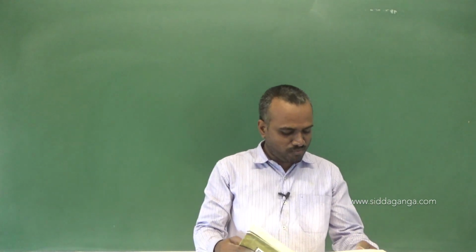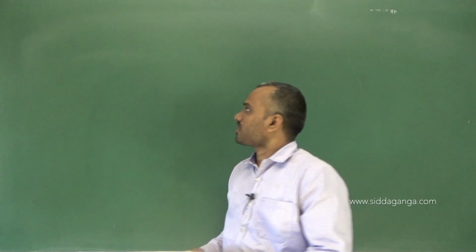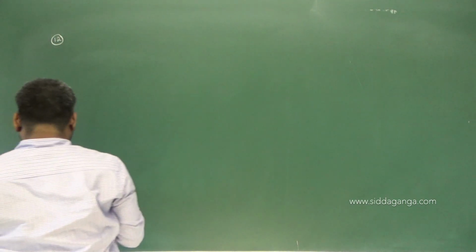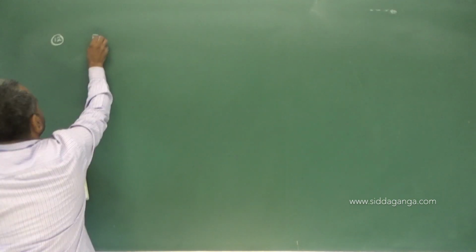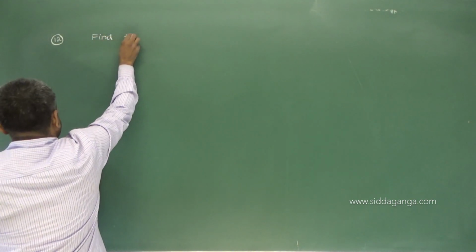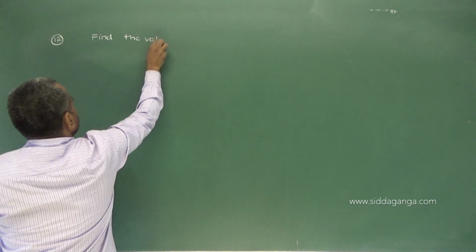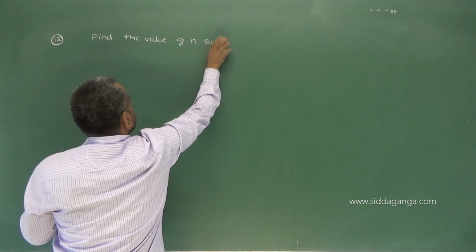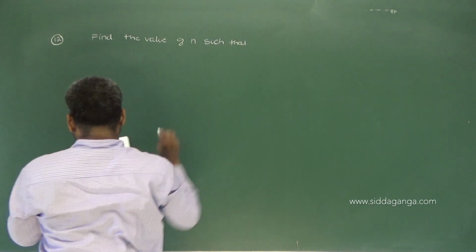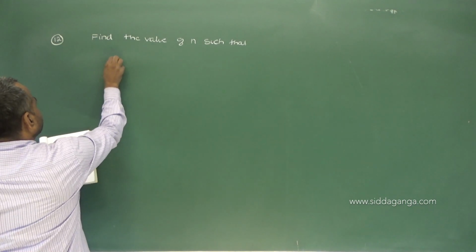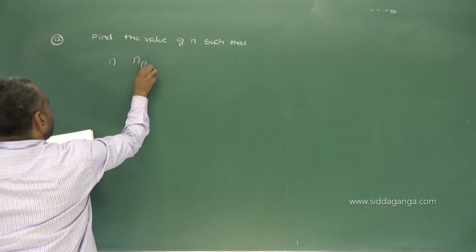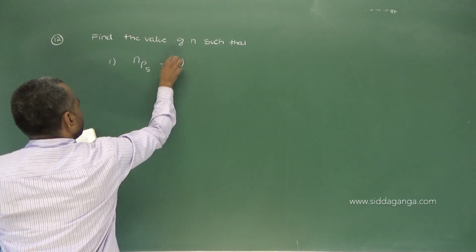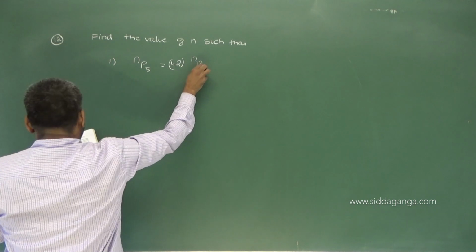Worked example problem number 12. Find the value of n such that, first question, np5 is equal to 42 into np3.